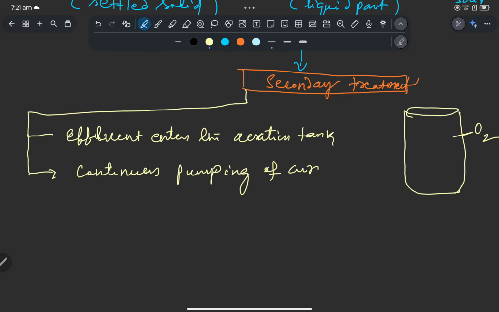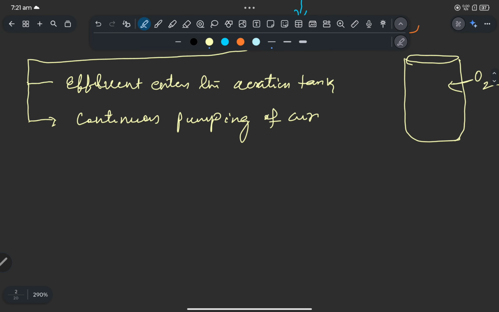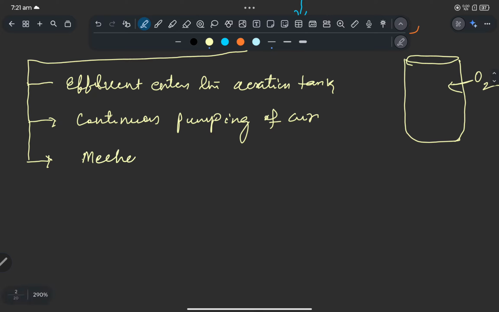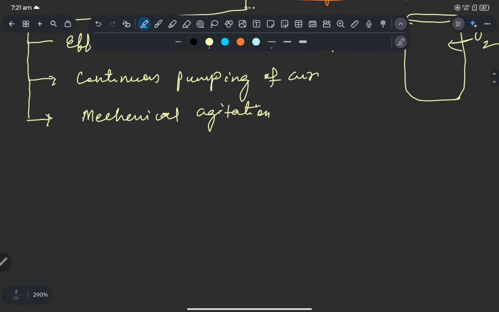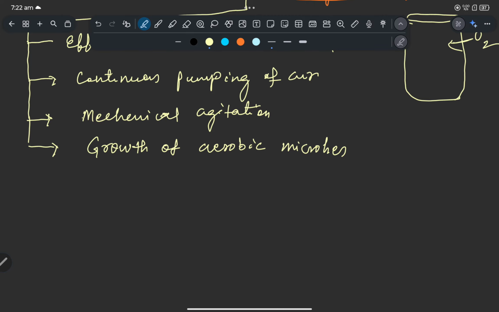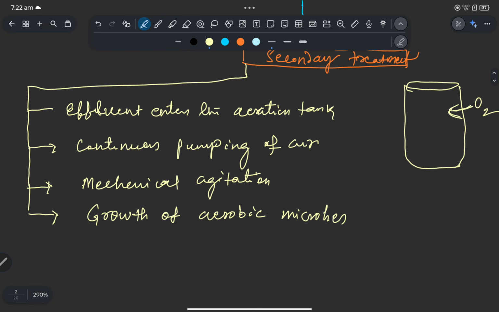Continuously air is pumped into the tank, and it is mechanically agitated. So due to this mechanical agitation, what happens? The growth of aerobic microbes. Here oxygen is supplied, and the major component required for this process is oxygen.